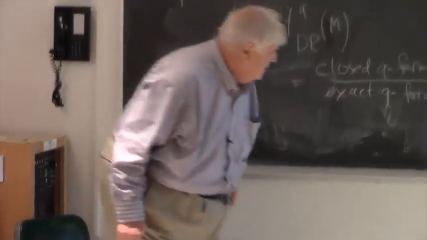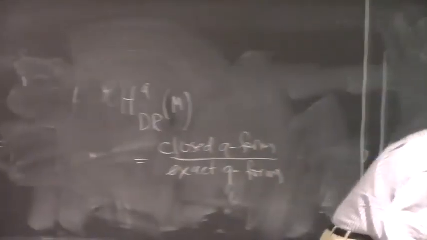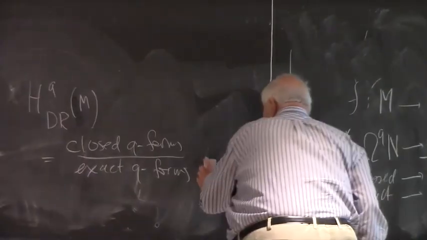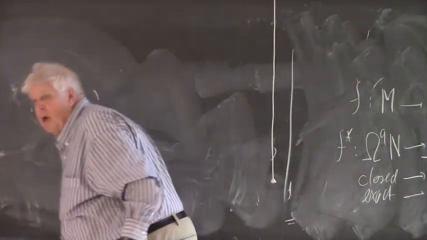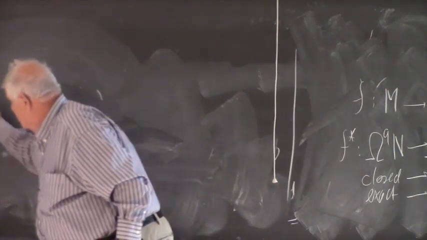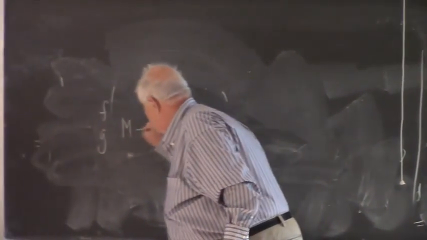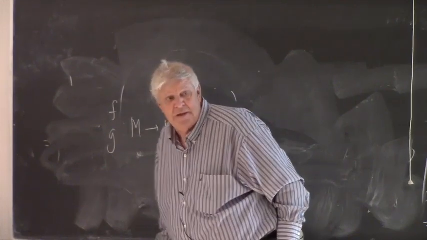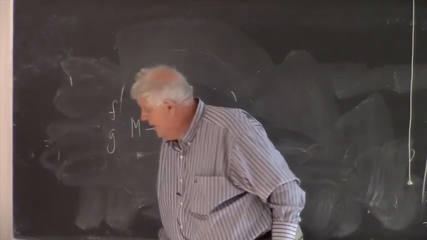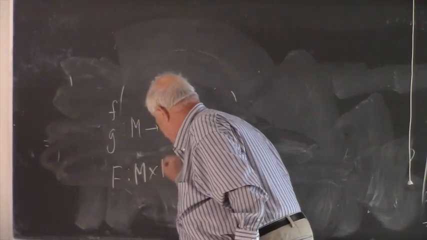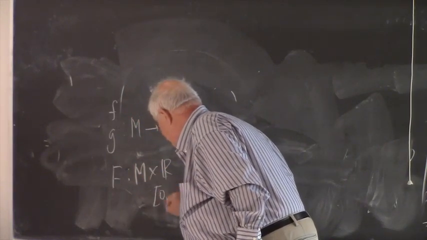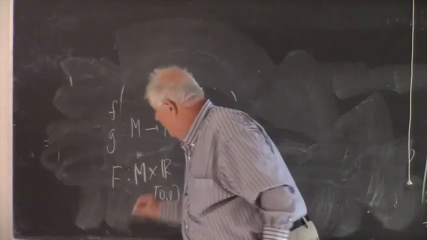In our differential setting, I define it slightly differently, but actually in an equivalent way. F and G are homotopic. So we have F and G, two maps of M into N, if there exists a map of M times the interval into N. If you prefer, you can write 0, 1 here.